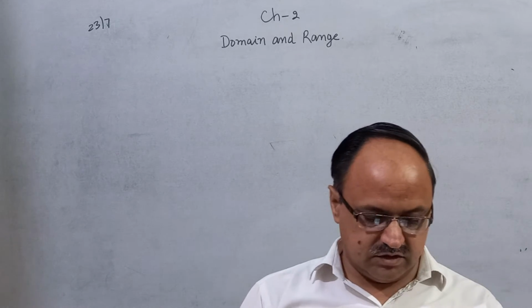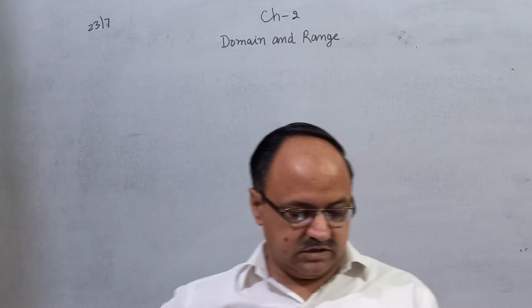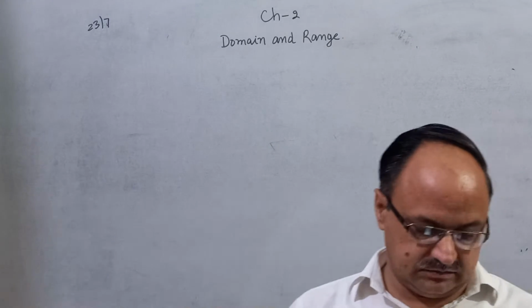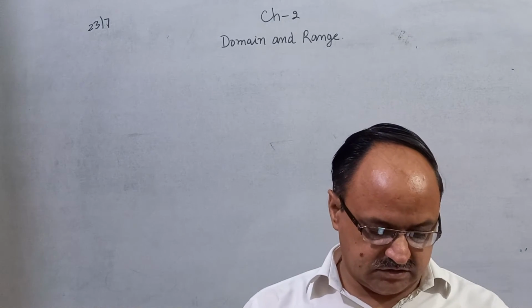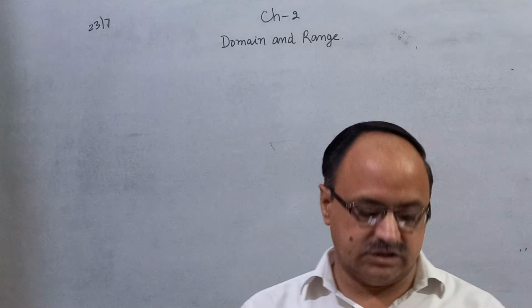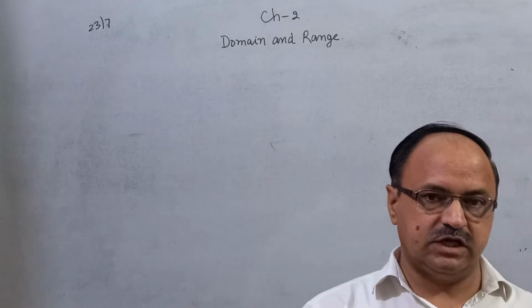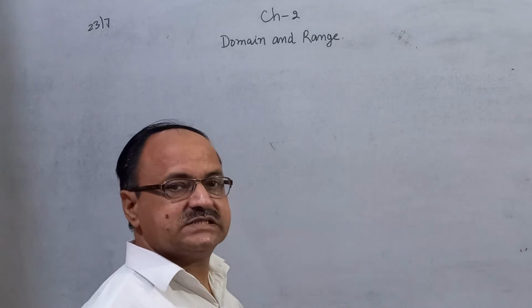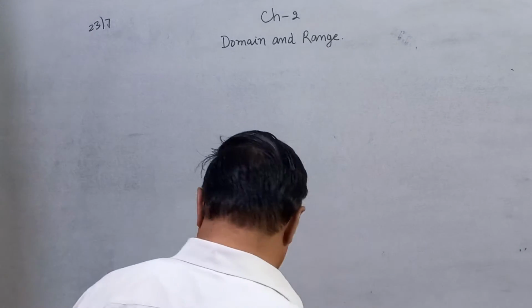Domain means the value we put into the function initially, and the result of the function is called range. Clear? We solve some questions from the miscellaneous exercise of chapter 2.